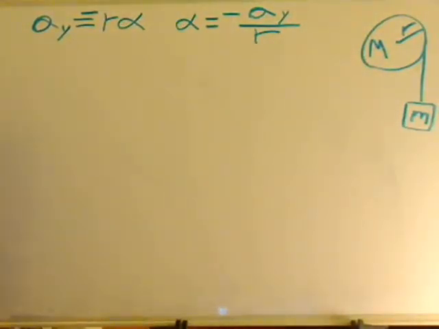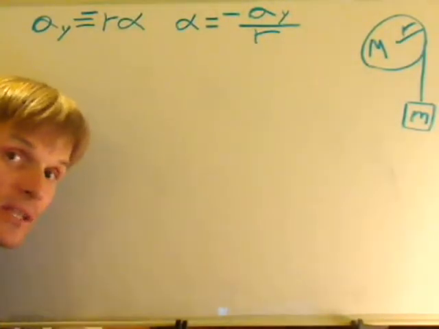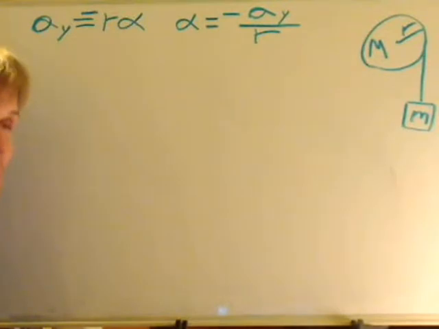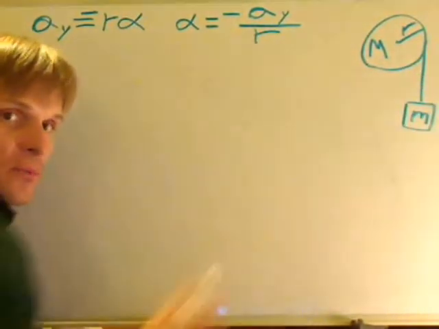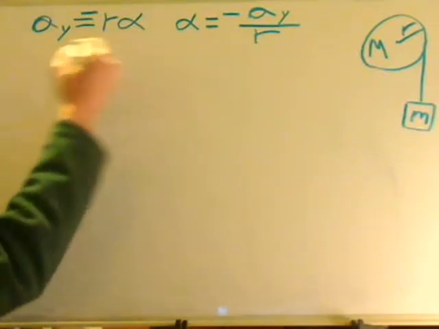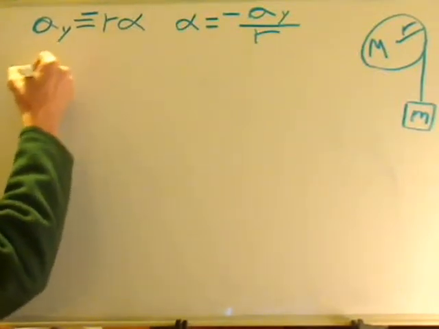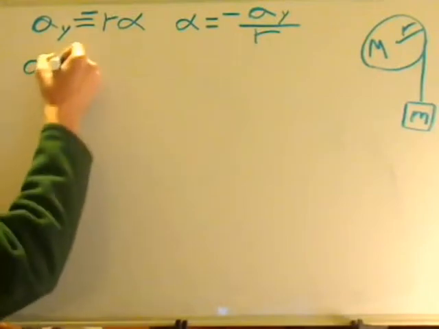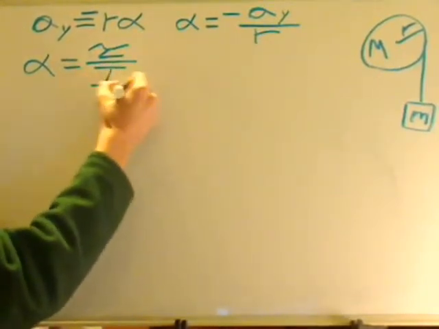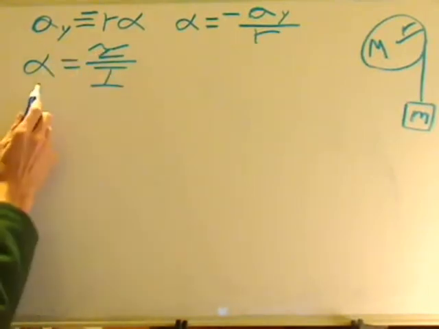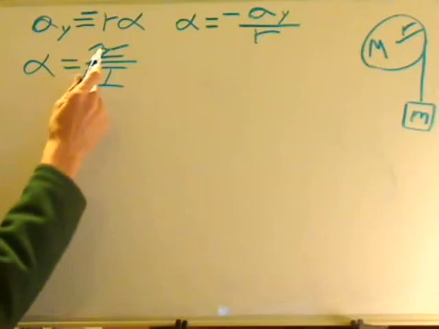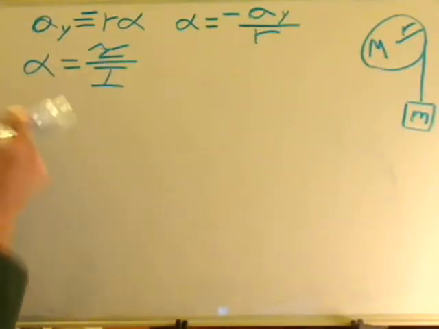Now we also know the angular acceleration of this winch is caused by the torque that this mass is putting on the winch. Torque is angular acceleration times moment of inertia, so the angular acceleration is torque divided by moment of inertia.